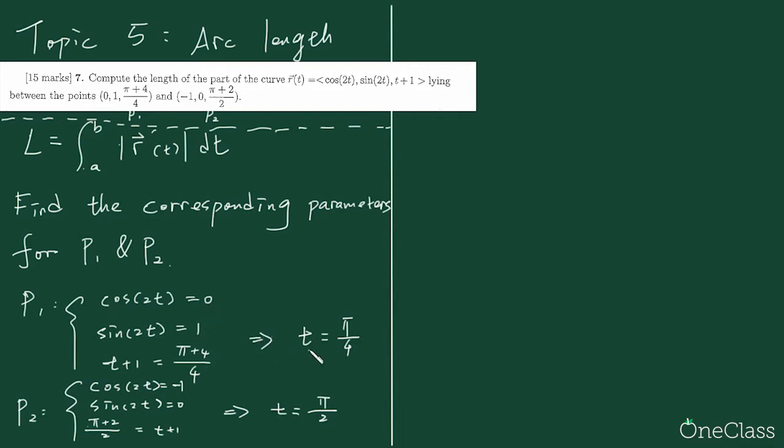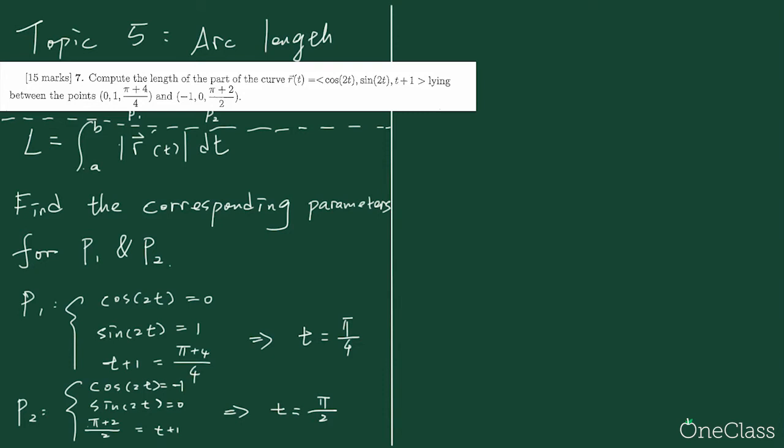After solving this system, we get t equal to pi over 4. This result actually comes from the third equation, however, t equal to pi over 4 also satisfies the top two equations. Similarly, finding the point P2, we assign values to r(t), and we get t equal to pi over 2.